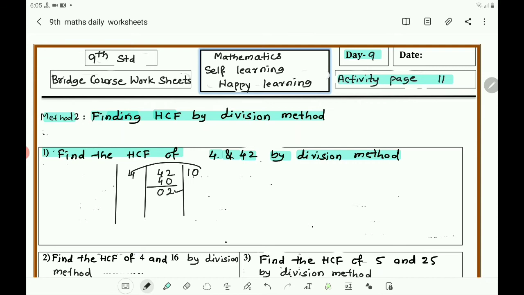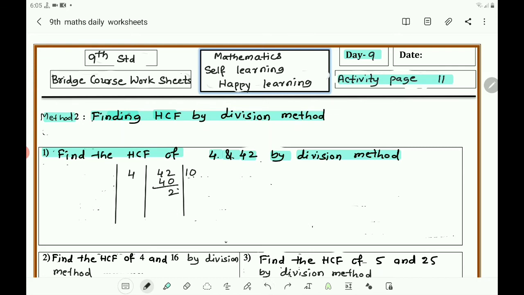You can also write 40, or otherwise directly write that 4 tens are 40, and 2 is the remainder. Here you got the remainder 2.